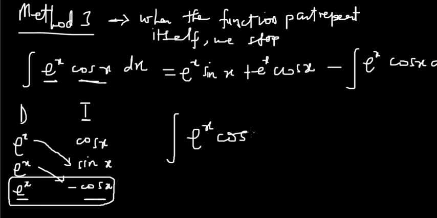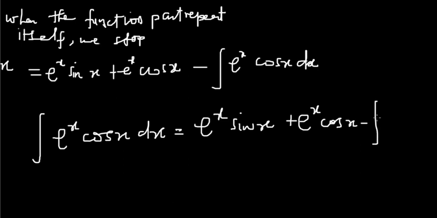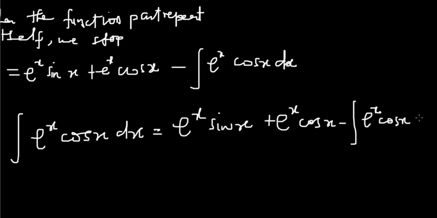So the integral of e exponent x cos x dx equals e exponent x sine of x, okay, and then we have plus e exponent x cos of x, and then we have minus the integral of e exponent x cos of x dx, okay?